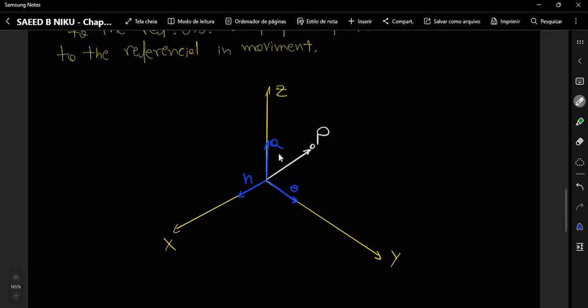Okay, and when we decompose this point on the components of XYZ, we can have its coordinates by decomposing.